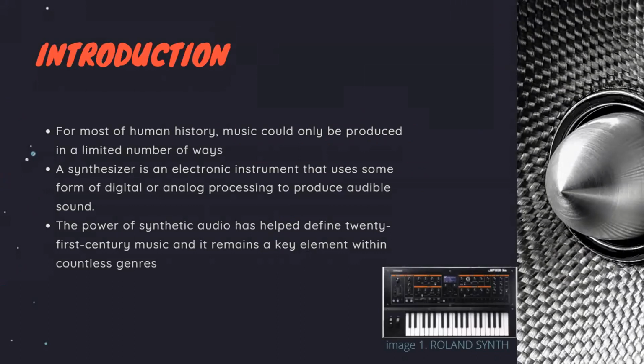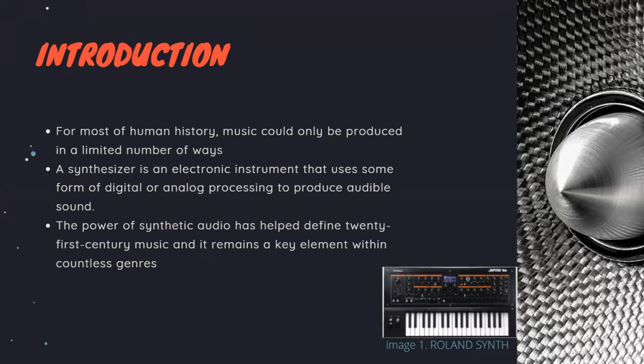First of all, for most of human history, music could only be produced in a limited number of ways. This implies that music did not have much range. It derived mostly from the guitar, the cello, and the violin, going around in that circle.